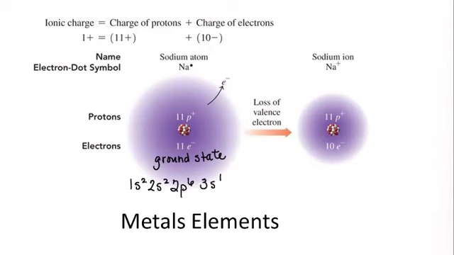That's where the 11 electrons in ground state sodium live. We also learned that sodium has one valence electron, and that one valence electron lives in 3s.